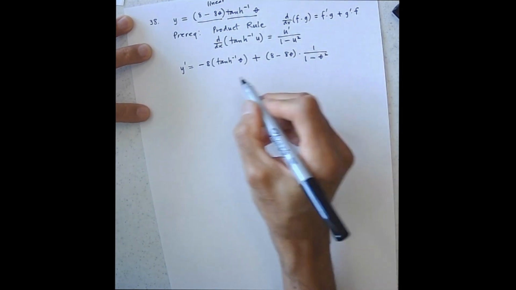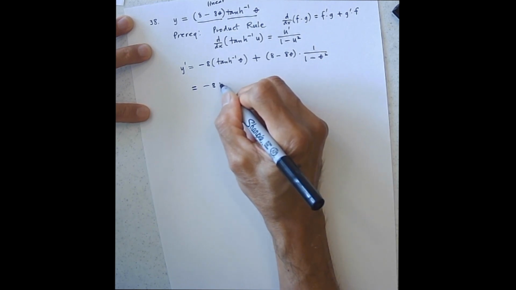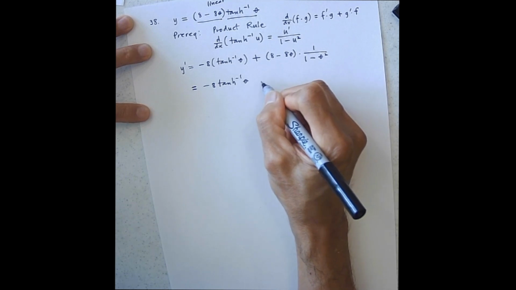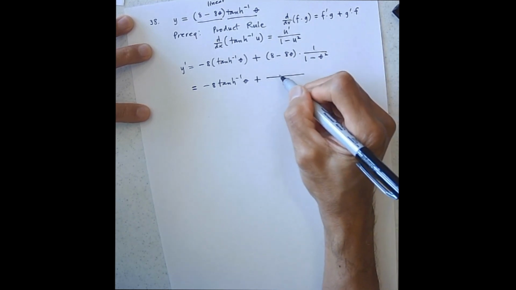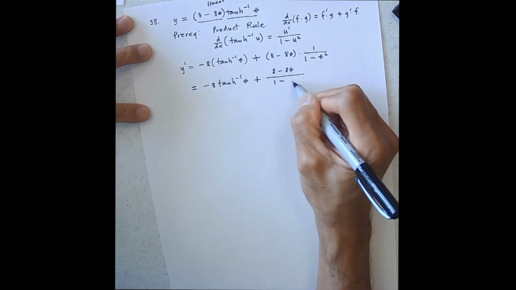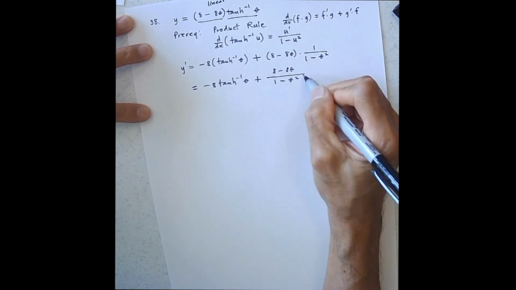So all we will do is simplify this, and that's it. So negative 8 times hyperbolic tangent of theta plus, we can write this as a single fraction, 8 minus 8 theta over 1 minus theta squared.